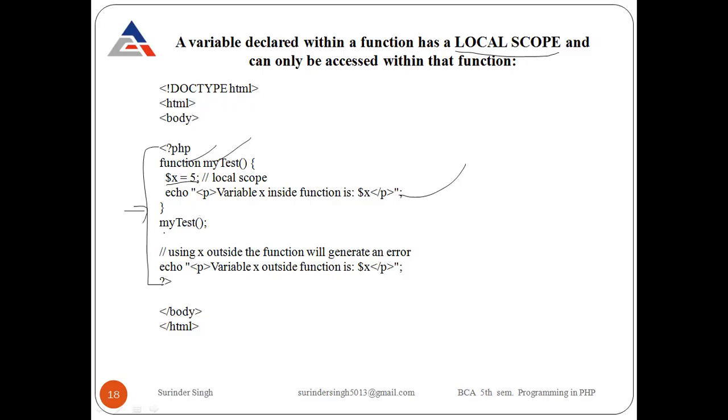Here the function is closed. This is a function call statement. Whenever this code is executed, the function call will transfer the control to the function definition, and here we print the value of X. Now the value of X will be printed.